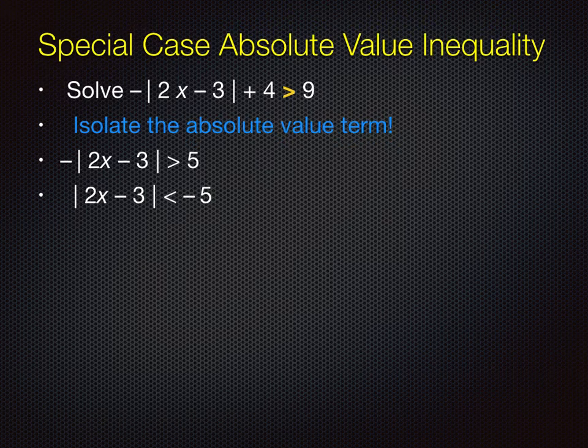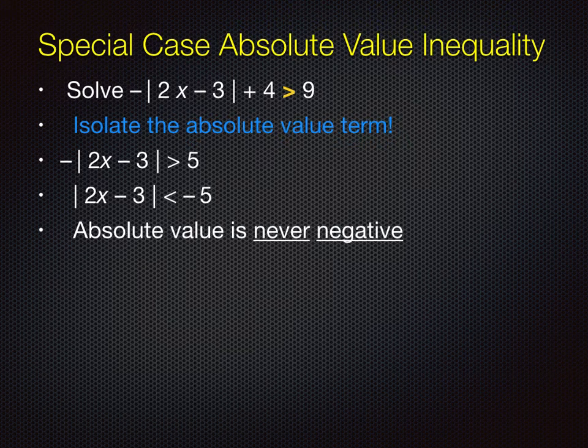And again, something about that absolute value expression coupled with that negative ought to make you think about this. This is saying the absolute value of some expression is less than negative. Trouble with that is absolute value is never negative.